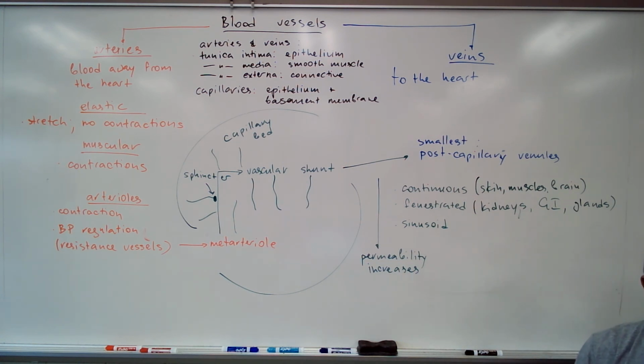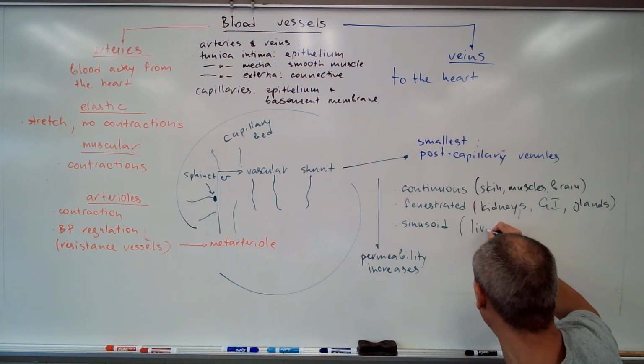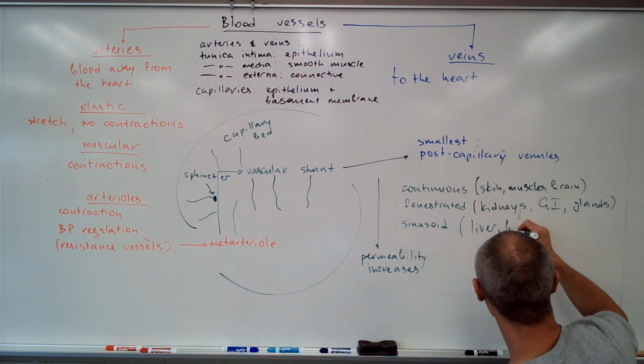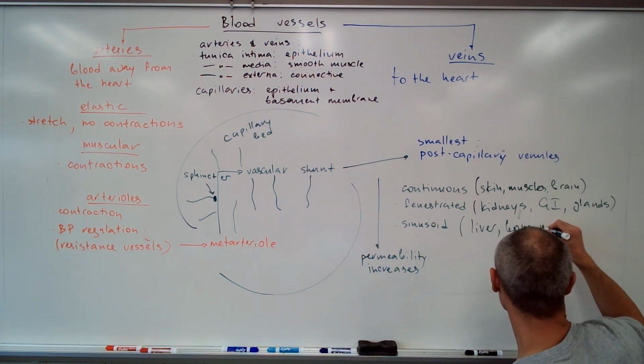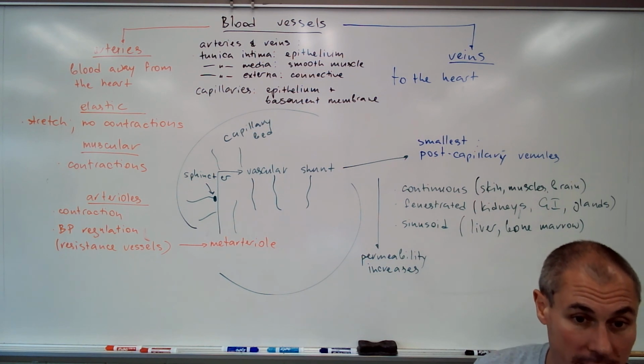If exchange is really intense, blood has to flow in a very slow manner, just so there's enough time for the transport. Sinusoid capillaries, the first that comes to mind is liver, and bone marrow. We good so far?